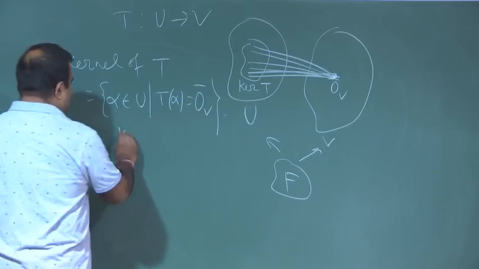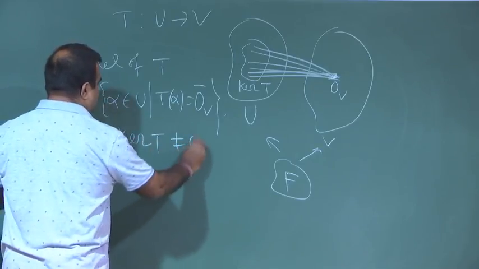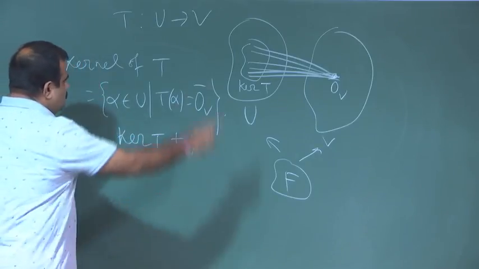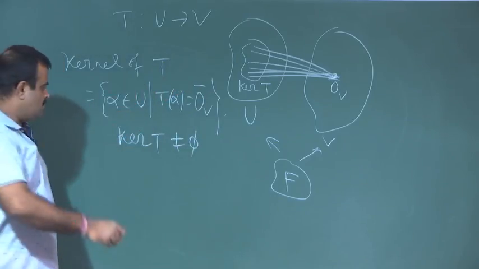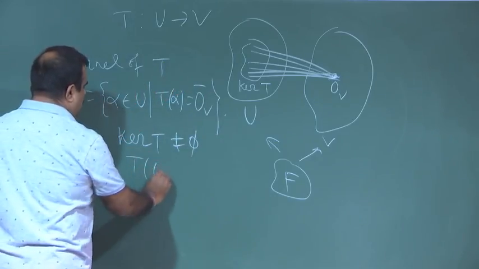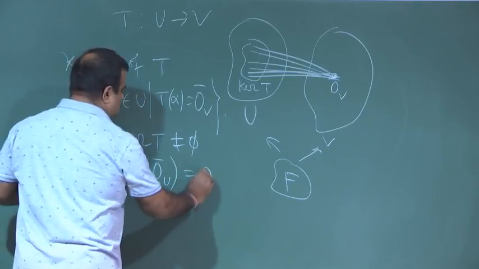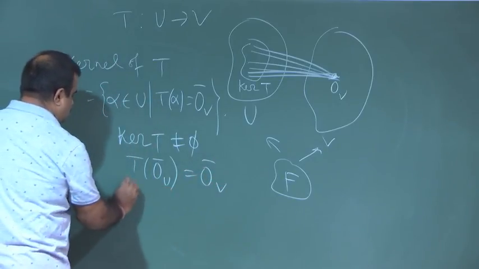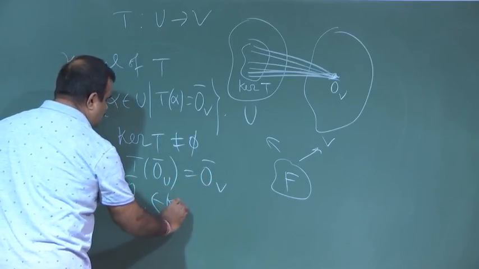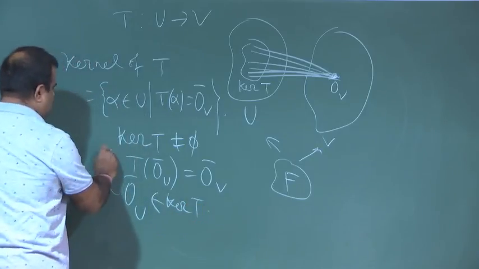Now, this kernel of T is not empty. Why? Because we know the 0 vector of U is there: we have just seen that T of 0_u is going to 0_v. So, at least this belongs to the kernel of T. This means it is not empty.